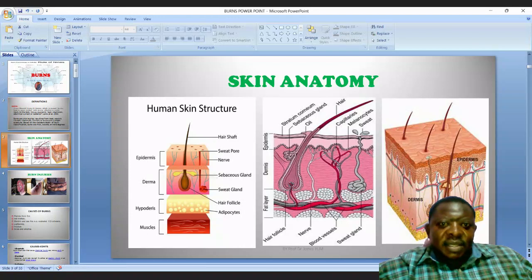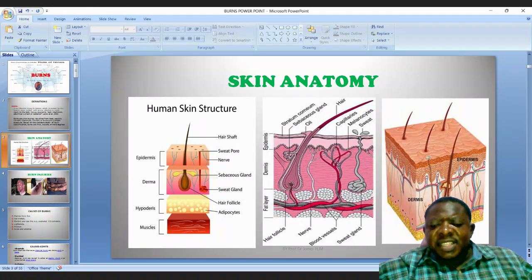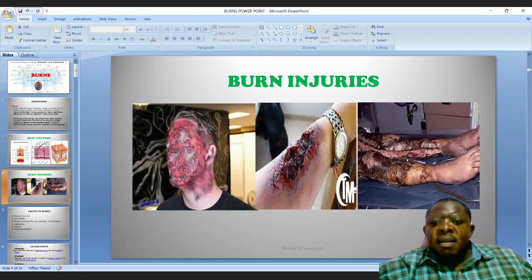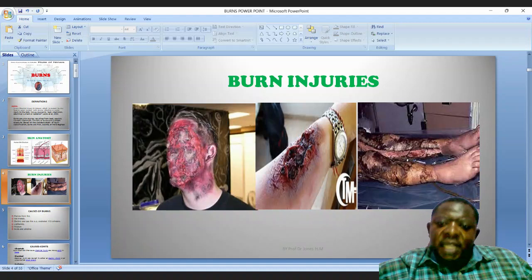Anyway, the pictures I'm about to show of how the skin can be affected may be a little bit sensitive, but burns may affect the topmost layer, the deeper layer, and may also affect the muscle tissue. These are just some examples of burn injuries, and all credit goes to the people that make these photos available for us to learn from.